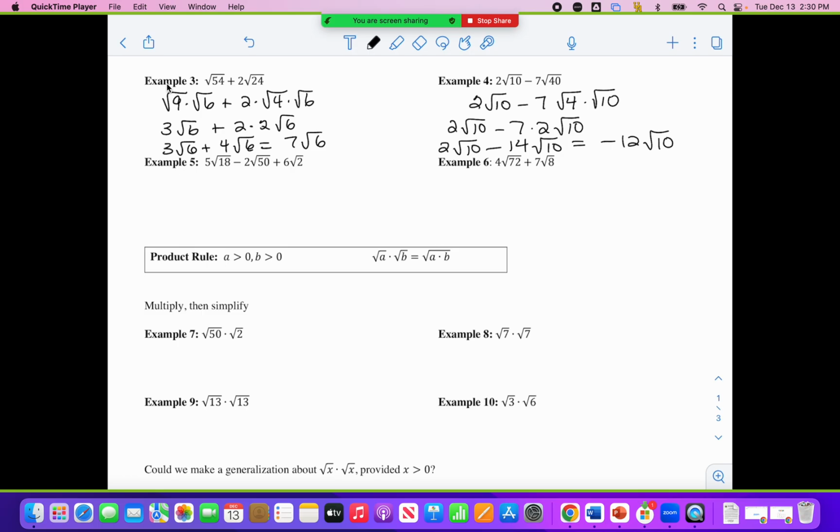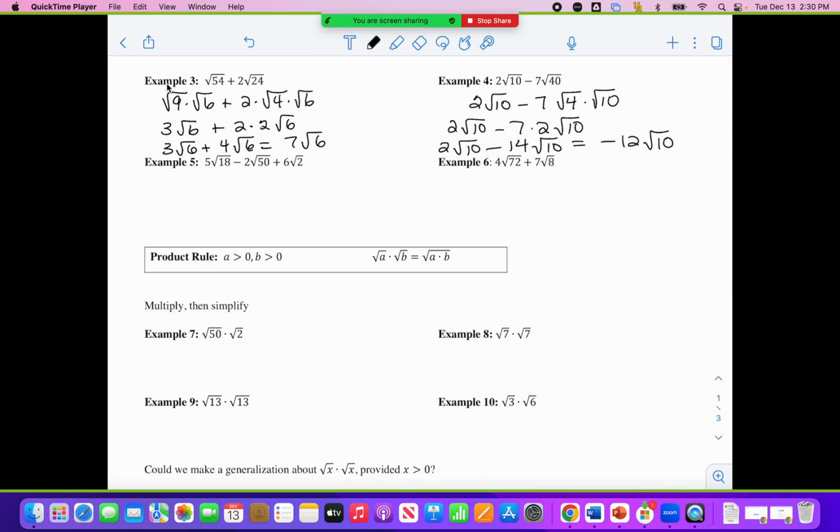So when I look at example 5, I notice at the end of the problem, 6 square root 2. Square root 2 doesn't simplify. So there's a high probability 18 and 50 are going to be left with a square root 2. Does that make sense? So you're looking for little clues that are going to help you do the problem.